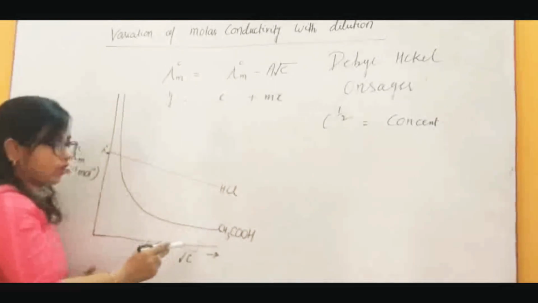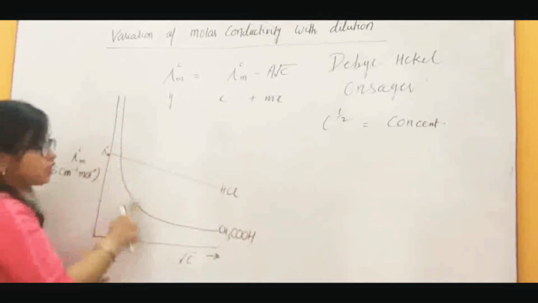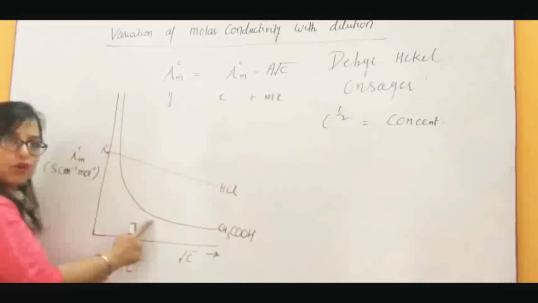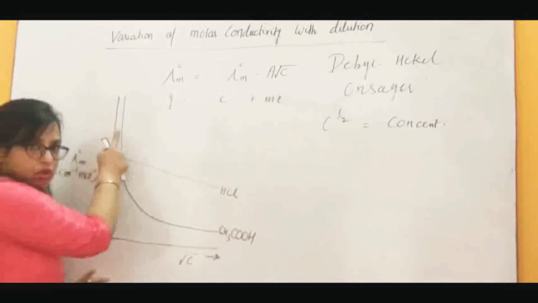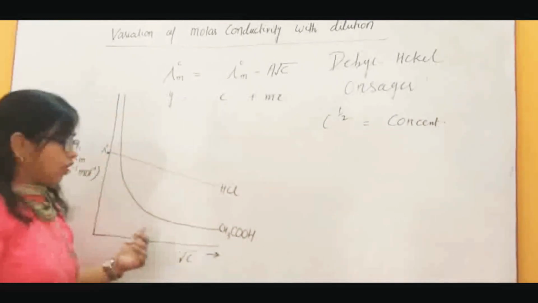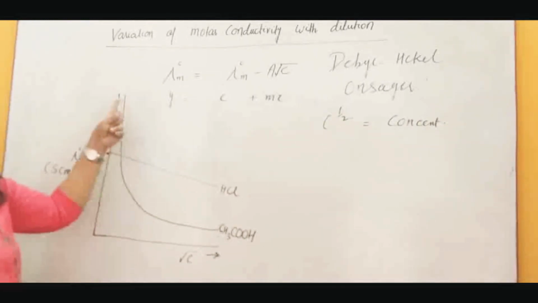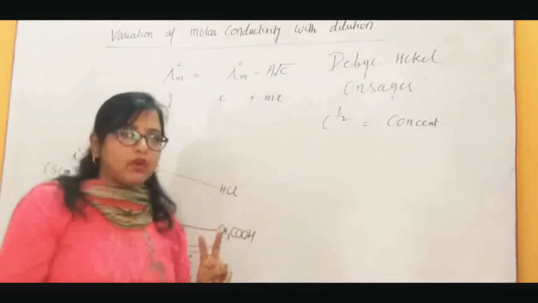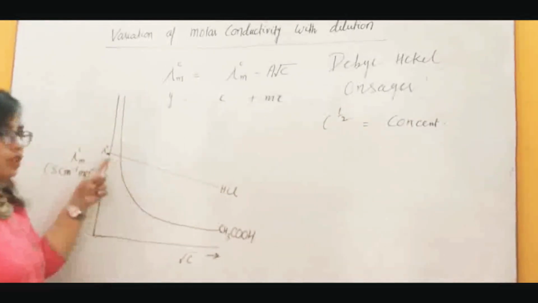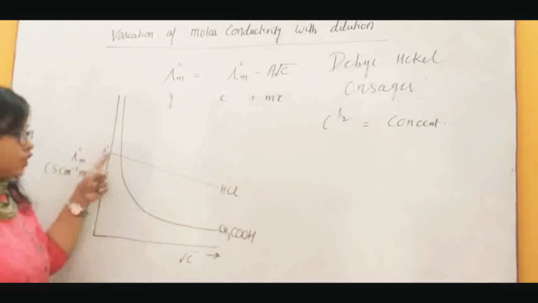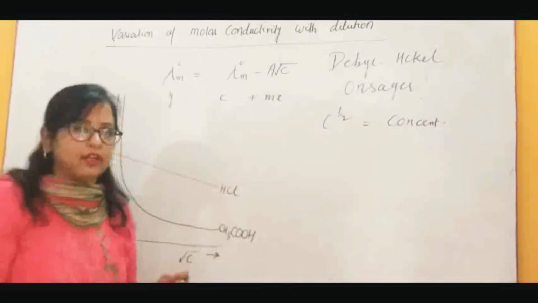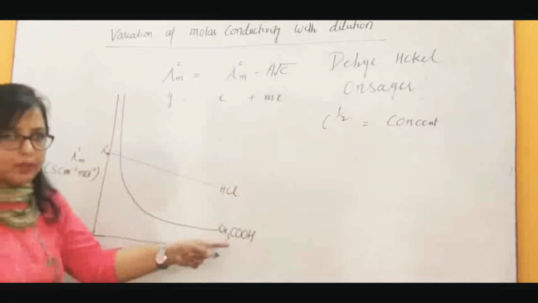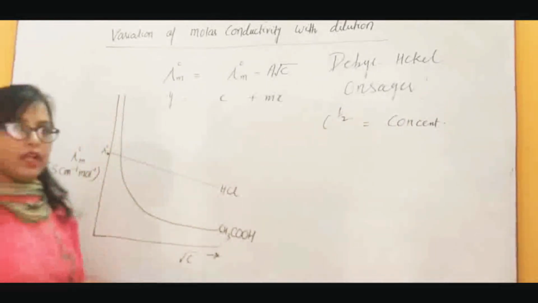Okay, so what is the change? There is a very sharp change in the molar conductivity with dilution. For a weak electrolyte there is a sharp change, first thing. But second thing, this graph cannot be extrapolated. So for a strong electrolyte there is a gradual change and it can be extrapolated. And for a weak electrolyte there is a very sharp change in molar conductivity, but it cannot be extrapolated.